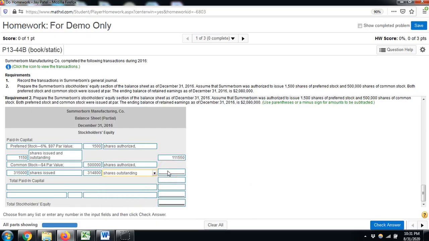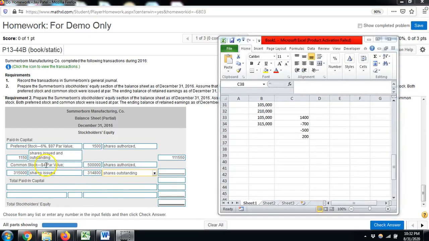And so now let's think about how we want to compute the value. So the question is, we know the par value. Do we use this number of shares issued or the shares outstanding? So we're going to be accounting for the treasury shares below. So if you think about it, this 315 is the number of shares that were actually issued and out there.